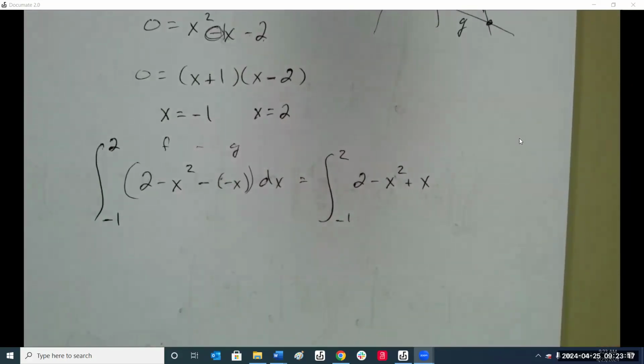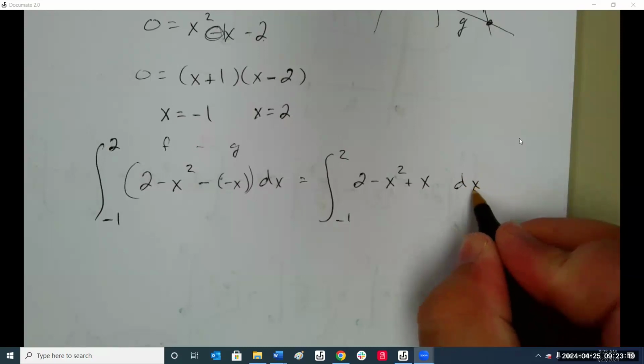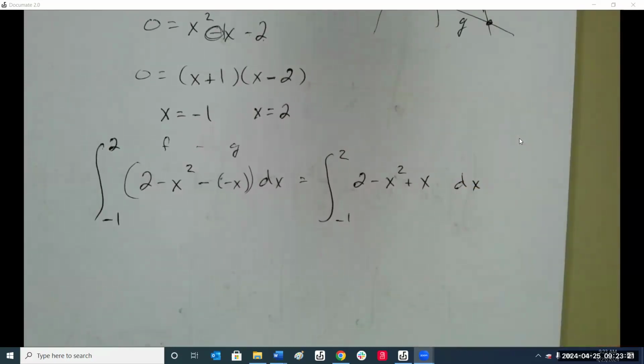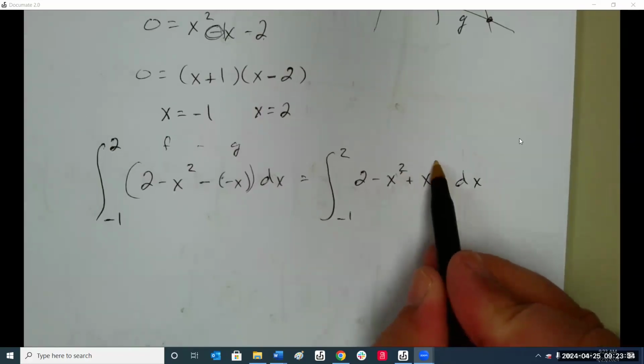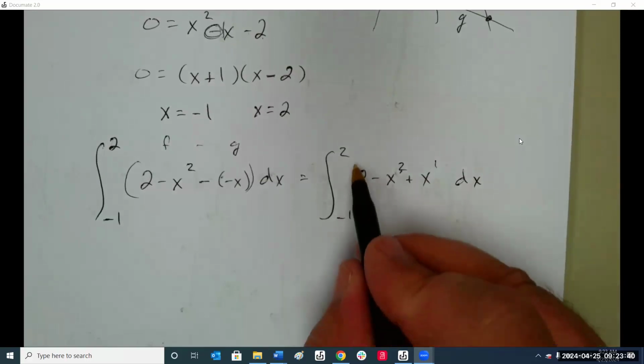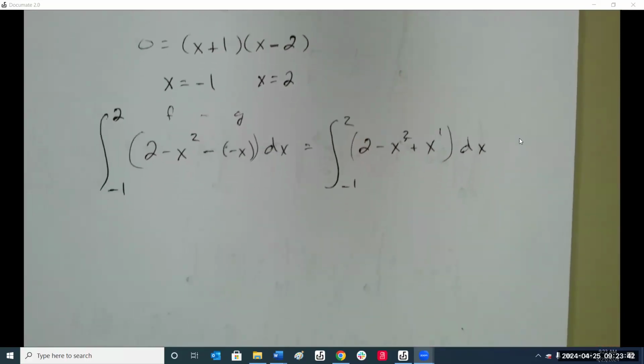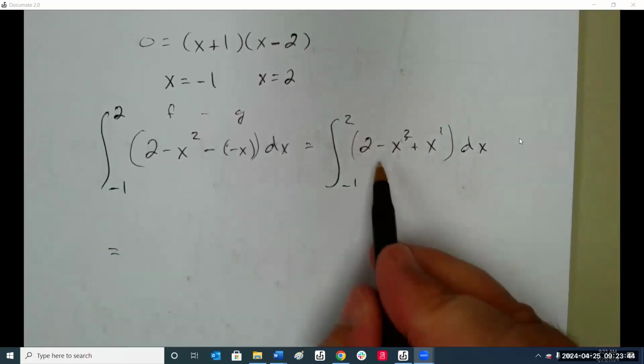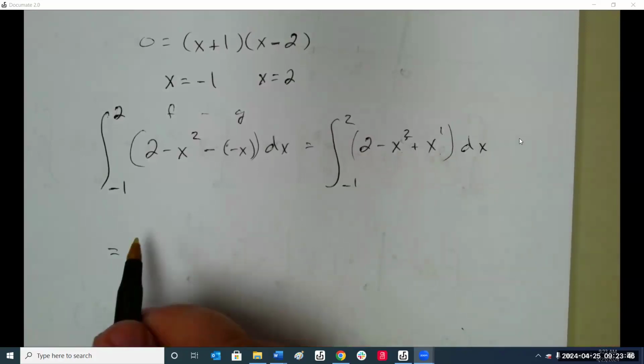Is this function odd, even, or neither? It's neither, because you have an even exponent and an odd exponent, so it's neither. So we can't use that shortcut we did a long time ago. So integrate all three of these separately.